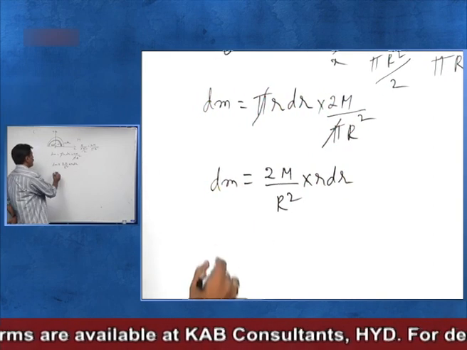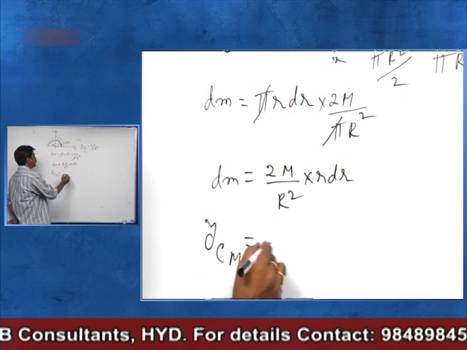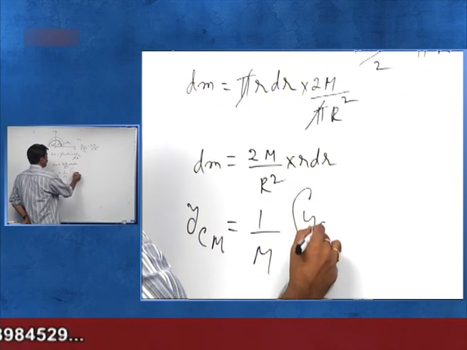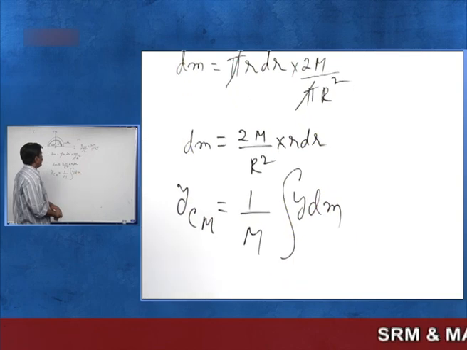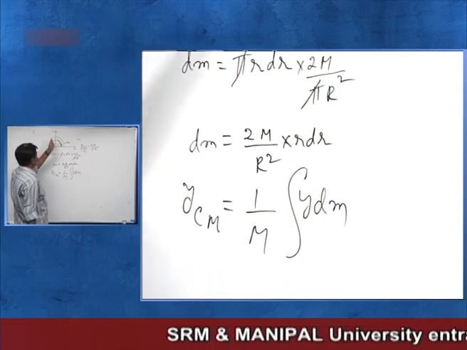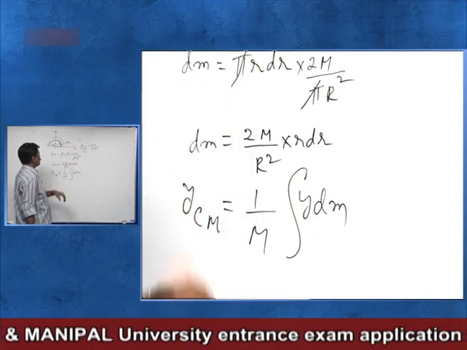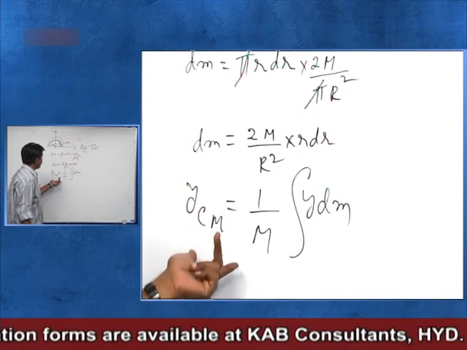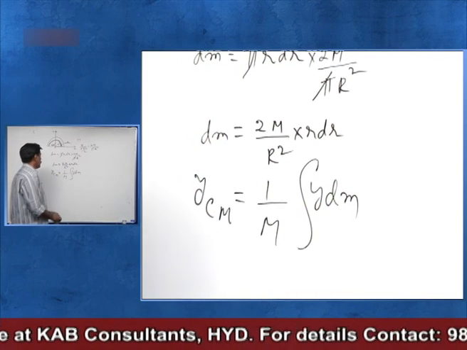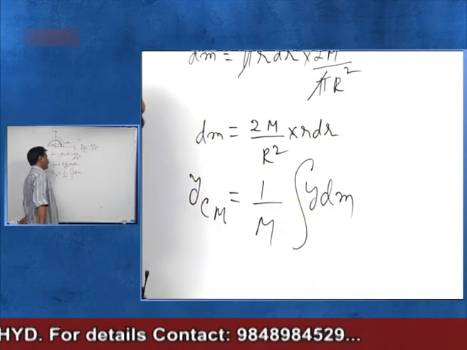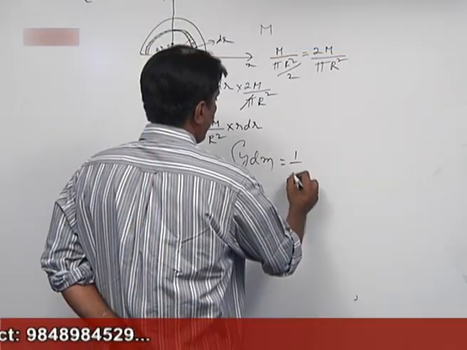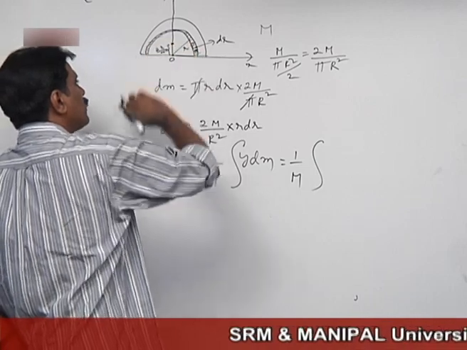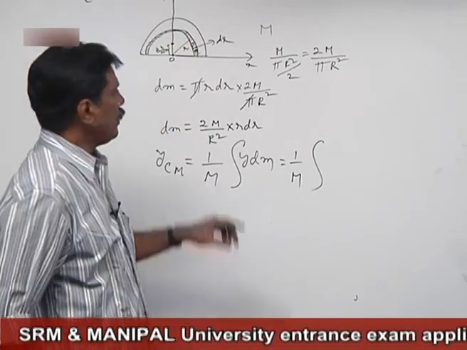As usual, center of mass y coordinate is equal to 1 by m integral y dm, because we are expecting the center of mass to be on the y-axis, so x coordinate is 0. The only thing you have to find is y coordinate of center of mass, which can be found by using this relation, 1 by m into integral y dm. Here you should be careful.